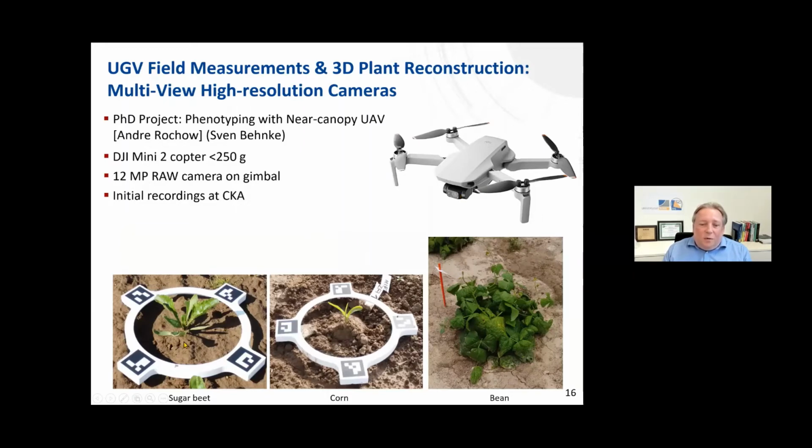So even before the project started in October, we made some measurements in the field, and even though this is cheap consumer hardware, there is a 12 megapixel camera where we can make high resolution pictures from different angles onto the plant.